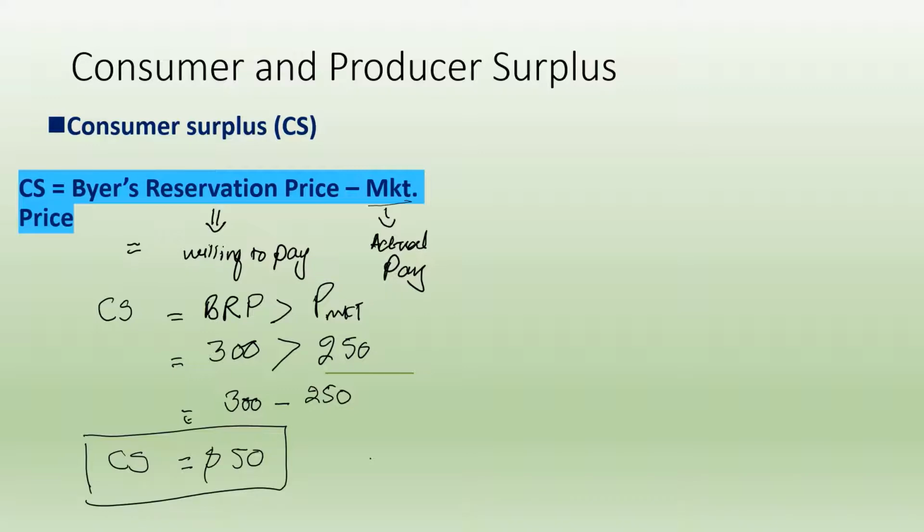Basically the buyer with the higher reservation price is going to save some amount, which is known as the consumer surplus, the additional benefit from making that purchase.